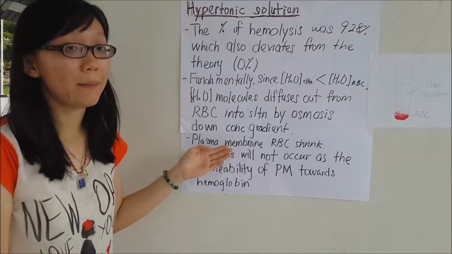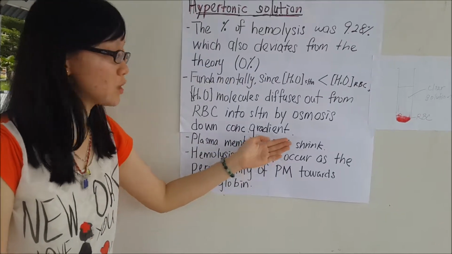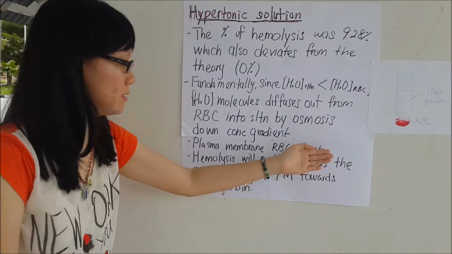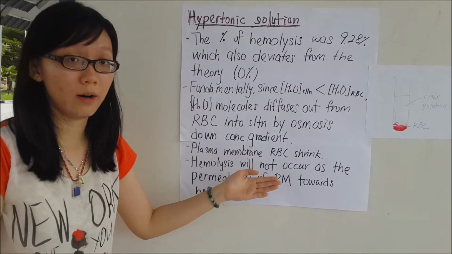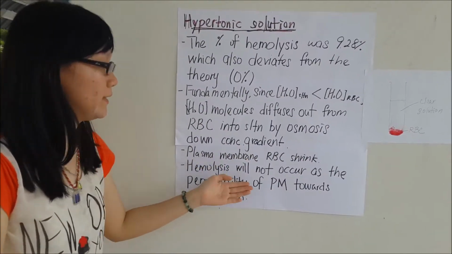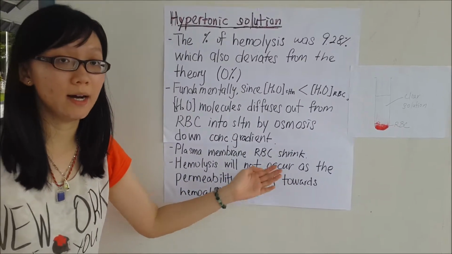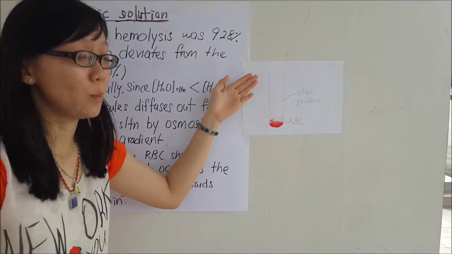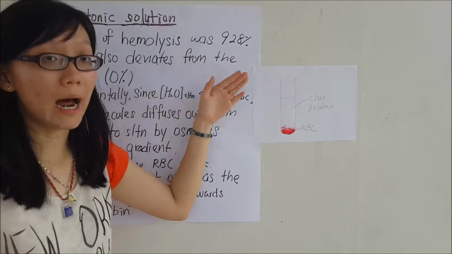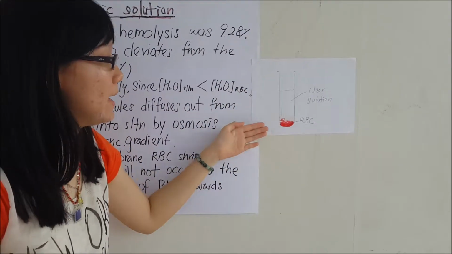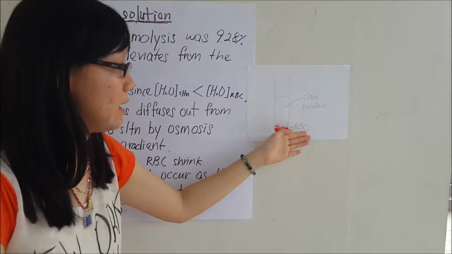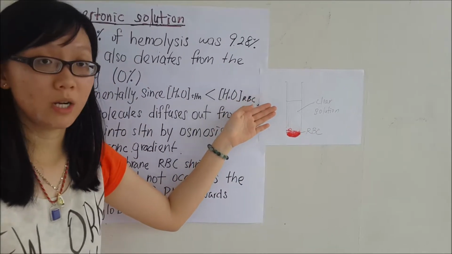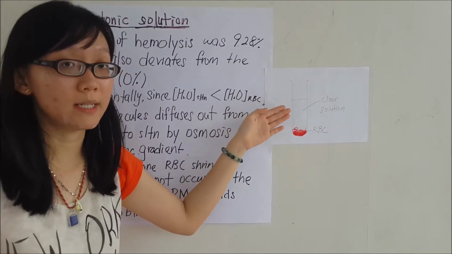This will cause the plasma membrane of our red blood cells to shrink or undergo crenation. Hemolysis will not occur as the plasma membrane is impermeable to the hemoglobin. Our result supernatant shows that the upper part is a clear solution and the lower part is the red blood cells. The upper part is clear, which means there is no hemolysis.